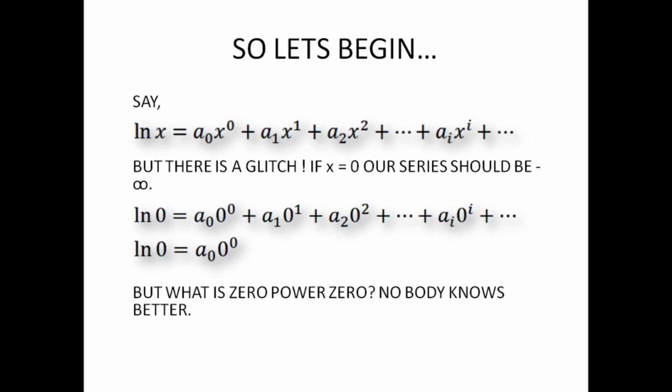But ln 0 is equal to a0 0 power 0 plus a1 0 power 1 plus a2 0 power 2 plus so and so. 0 power 0, nobody knows better. What is 0 power 0? We can let the power approach 0 from the positive side or negative side, depending on that it would have a different value.